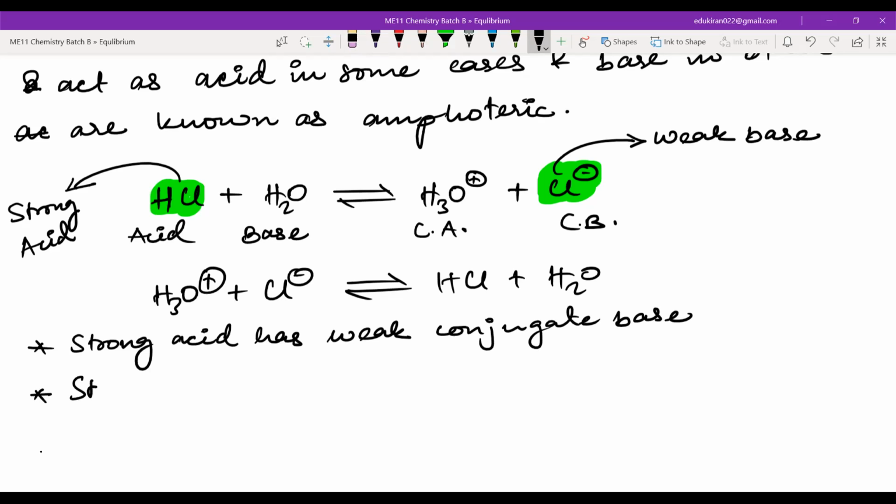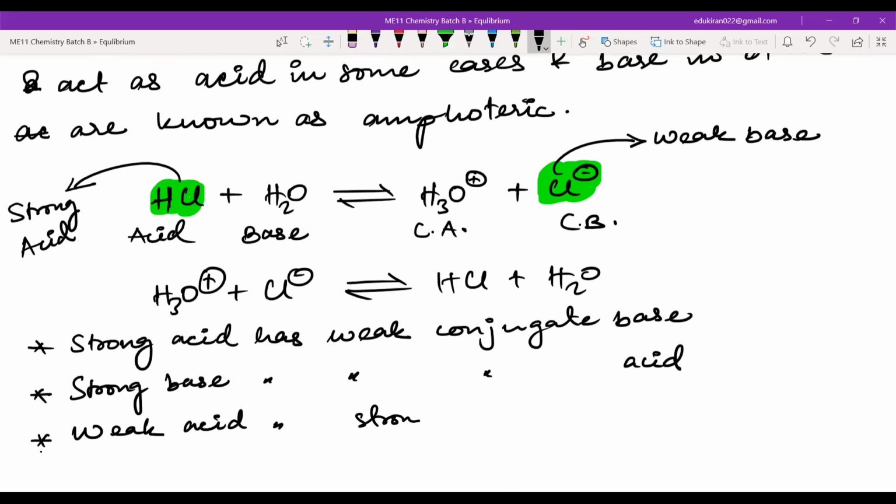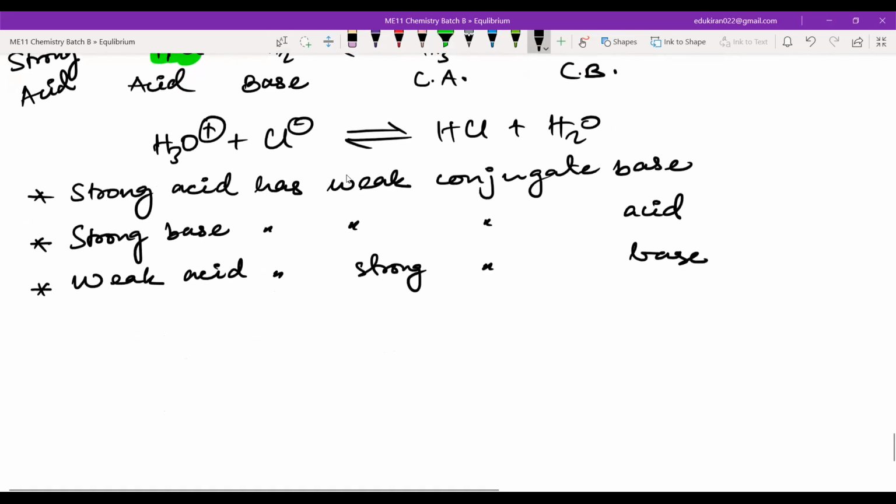And you can write: strong base has weak conjugate acid, and weak acid has strong conjugate base. And then you can write: weak base has strong conjugate acid. So write these four points. Let me know if you're done.